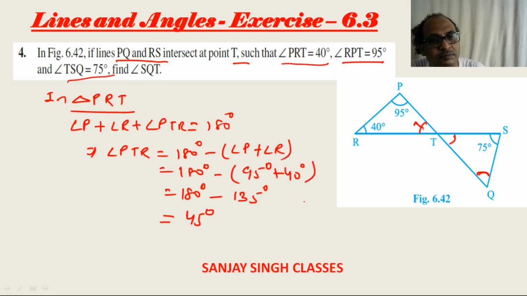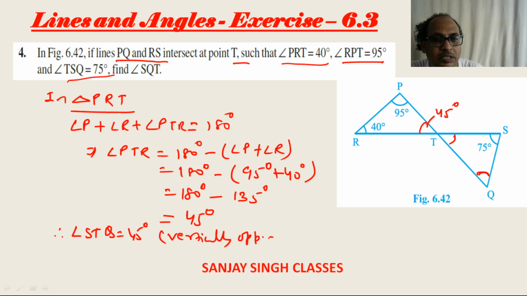So angle PTR is 45 degrees. If this angle is 45 degrees, then angle STQ is also 45 degrees, vertically opposite.